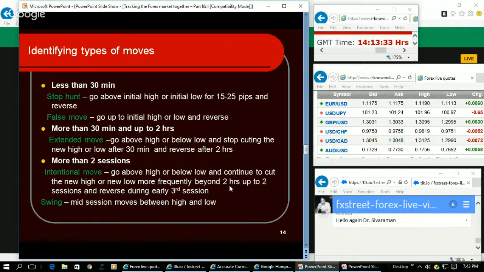That extended stop and move is an indication of a shift in trading zone. They also do the extended stop and move during month end and month beginning, and also during shift in trading zone time. So these are all the types of moves we need to understand.